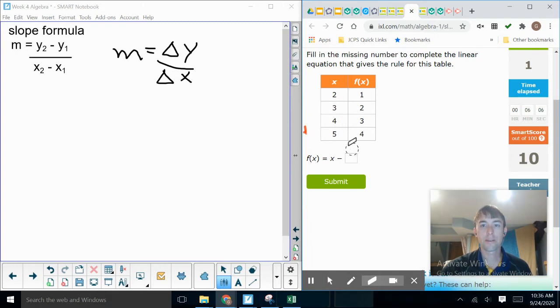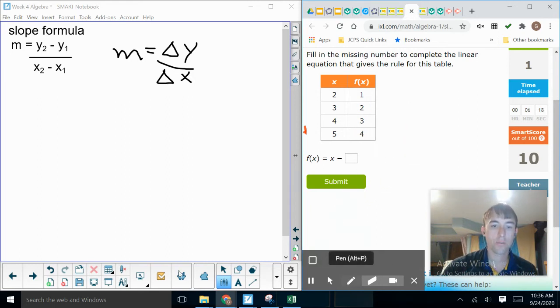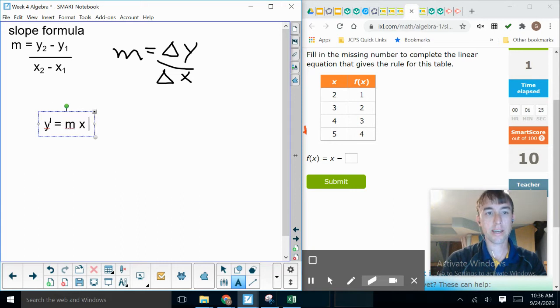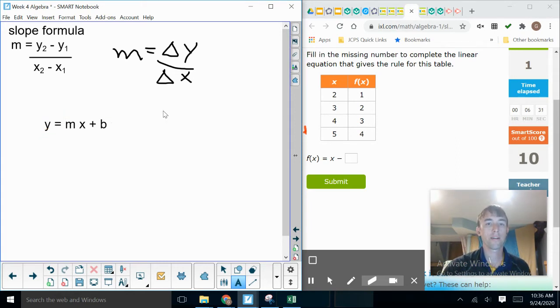This time, it's looking for our b value. This is a little bit different. Before, we had our equation, y equals mx plus b, and we looked for b where x equals 0.